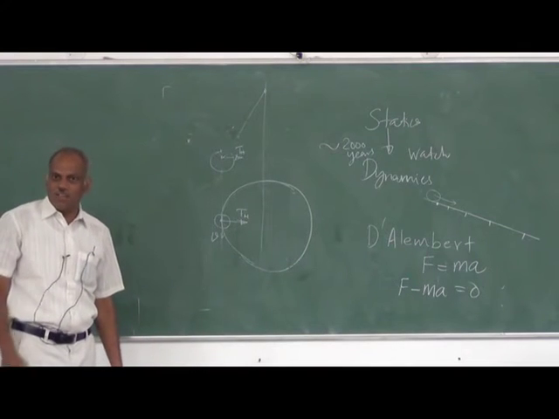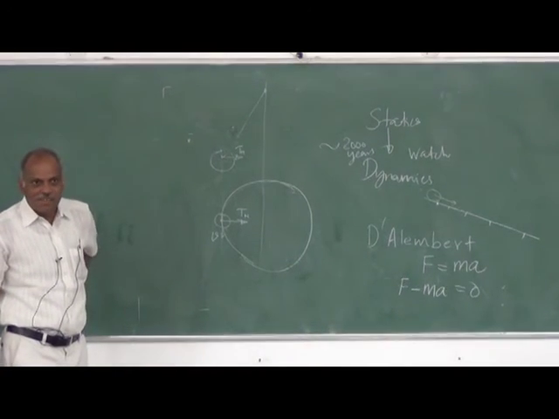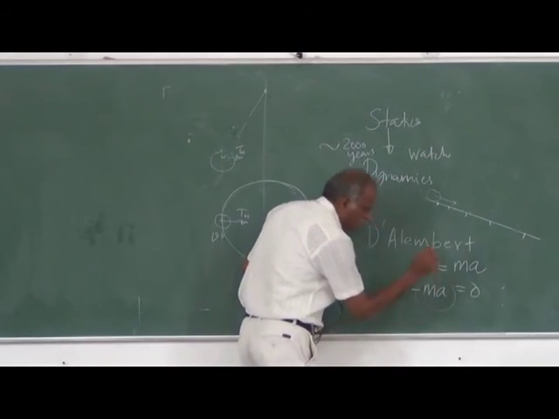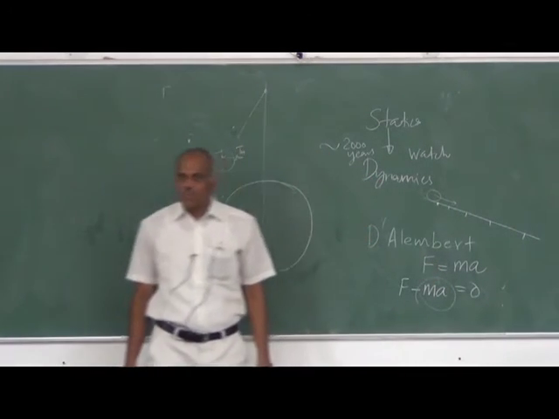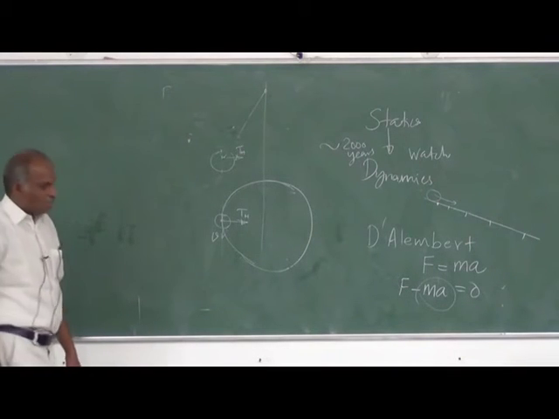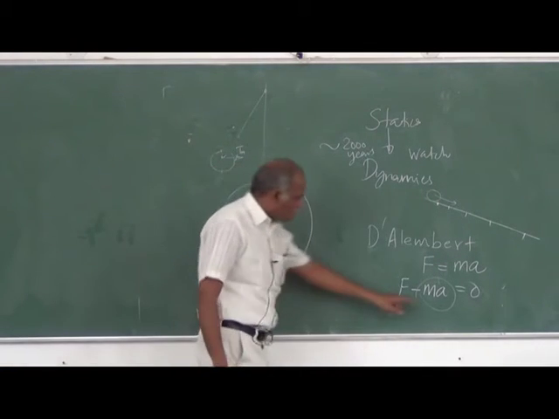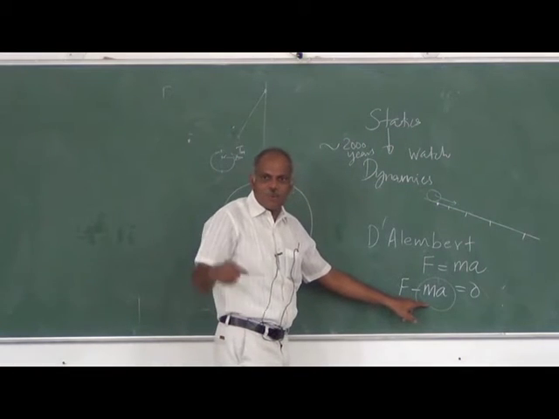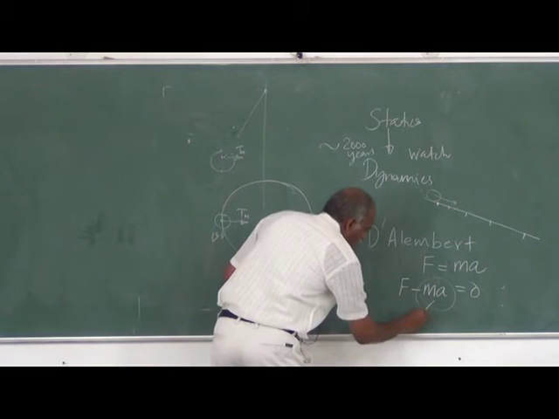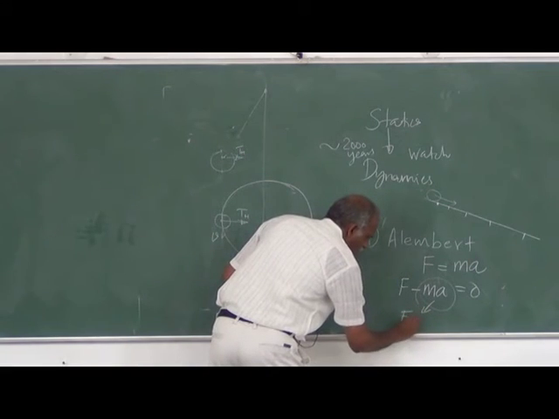Looks simple and absurd, but it is not like that. See, this particular force, m into a, is the magnitude of a force only. This force was introduced for an analytical purpose, for solving the problems. So this is a fictitious force.